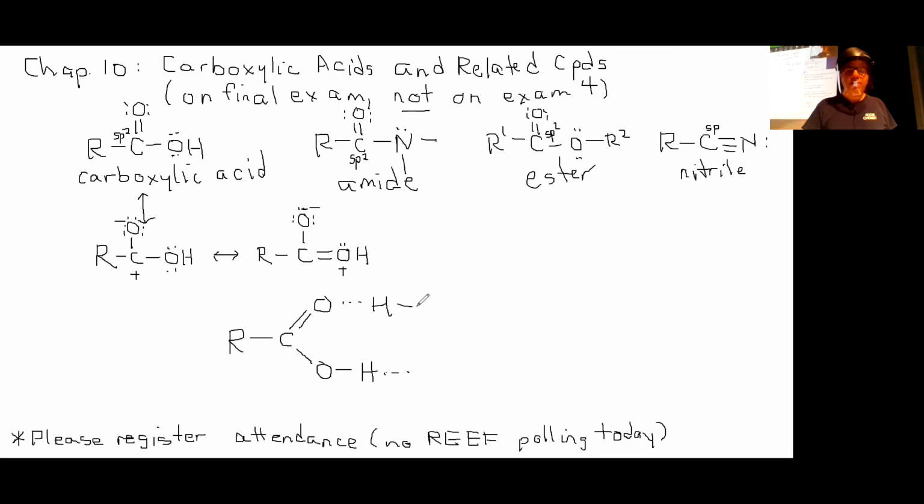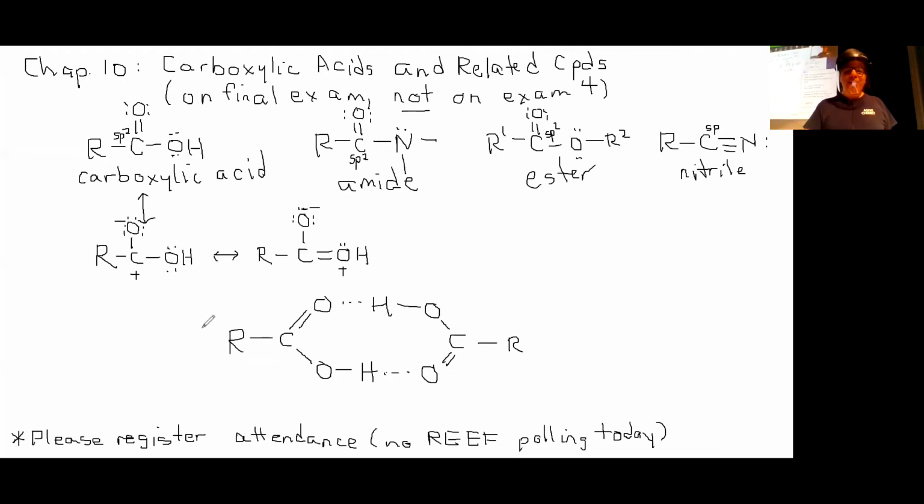Now what I need to do is go like this. There we go. Then the carbon will go here. This will be single bond OH, double bond O over here, and another R group over here. So they tend to form dimers like this by hydrogen bonding. And that's very typical for carboxylic acids.